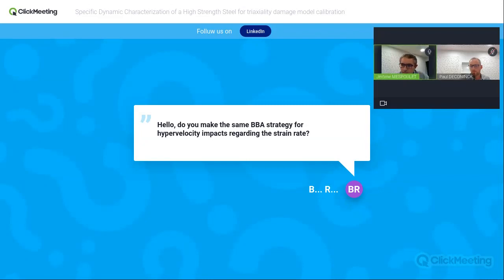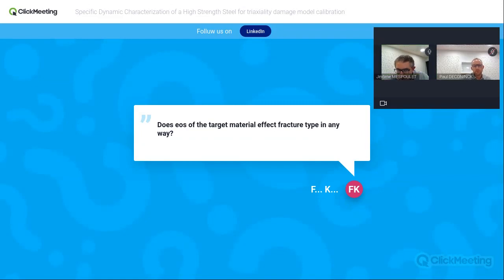Another question. Does the equation of state of the material target affect fracture type in any way? Not always, because for some targets like some porous ones or some concrete, it depends on the velocity.